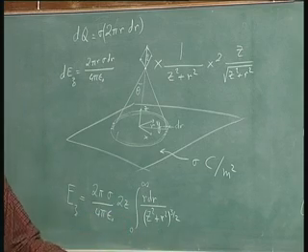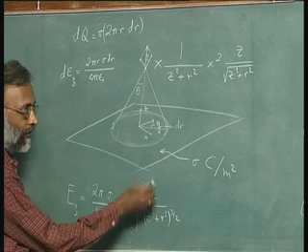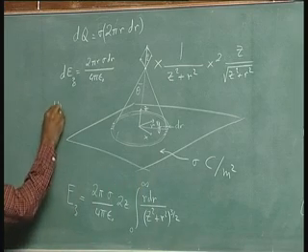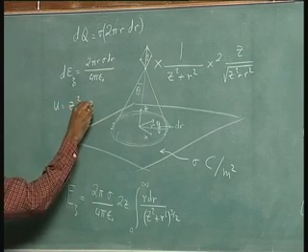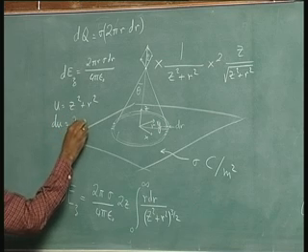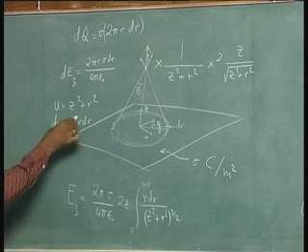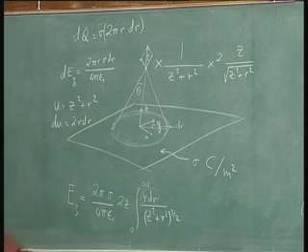This is a very easy integral to do. Just take z squared plus r squared as u. Then du is nothing but 2r dr. And since du is equal to 2r dr, the numerator is nothing but du.